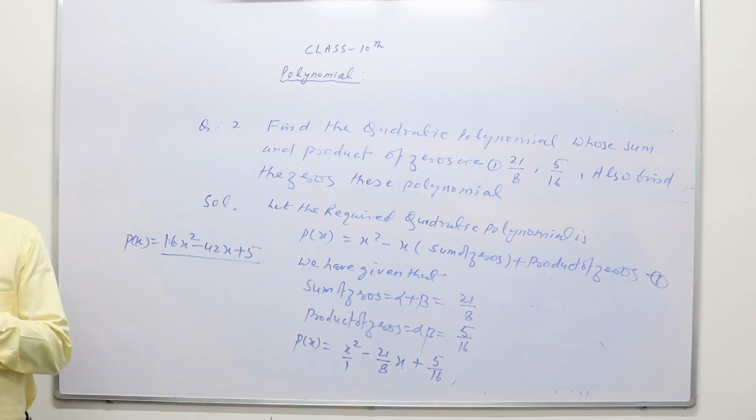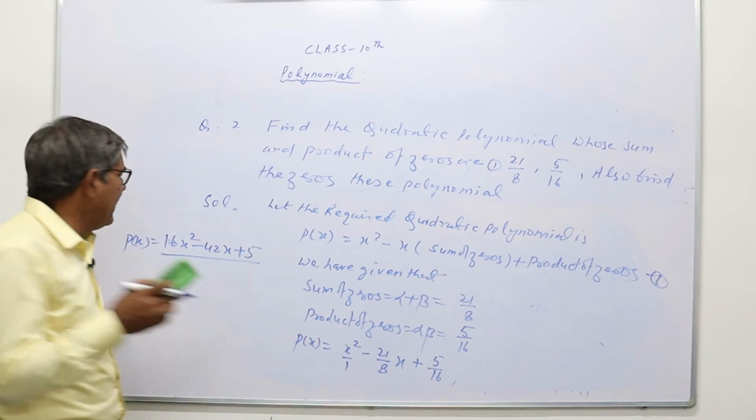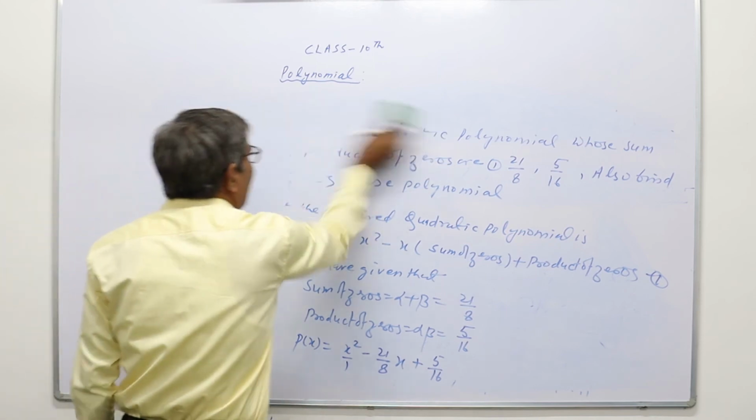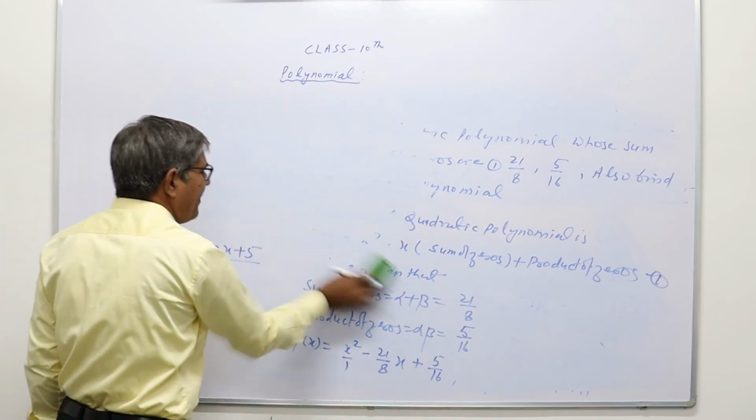Now using the factor method, we will find the zeros of this quadratic polynomial.